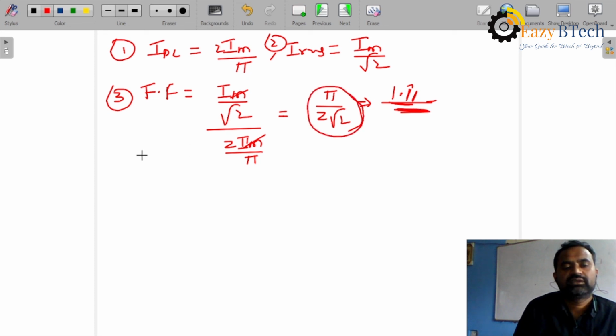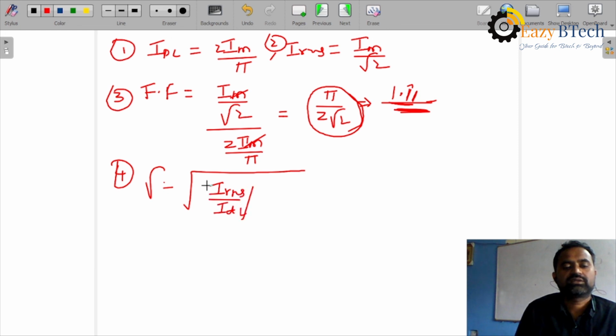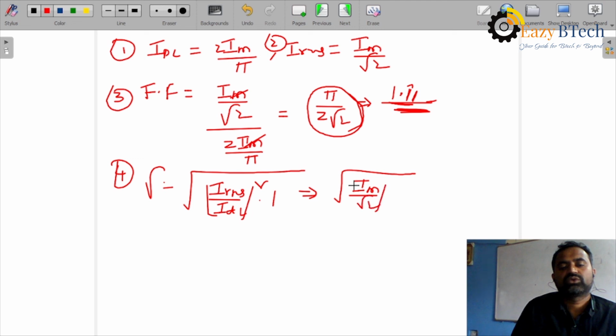Next, fourth, ripple factor is under root IRMS by IDC whole square minus 1, that is under root IRMS square, that is Im by root 2 whole square by 2Im by pi whole square minus 1.